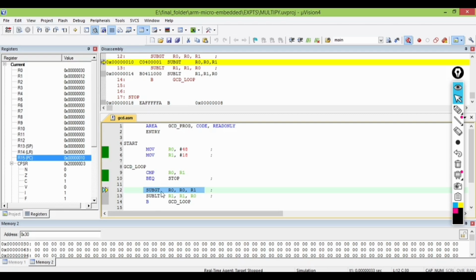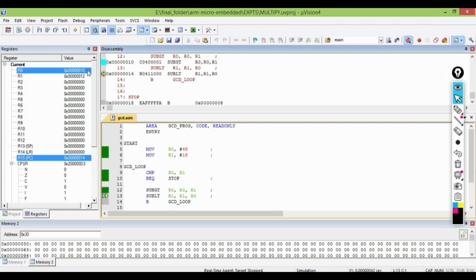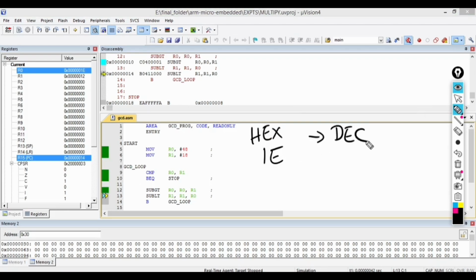As already told, the subtraction happens if Z is 0 and N is equal to V. That condition is true now, because of which R0 minus R1, which is nothing but 48 minus 18, will be stored in R0. 1e is the result that we obtain. 1e is nothing but the hexadecimal equivalent of decimal number 30. Now let's just continue here.